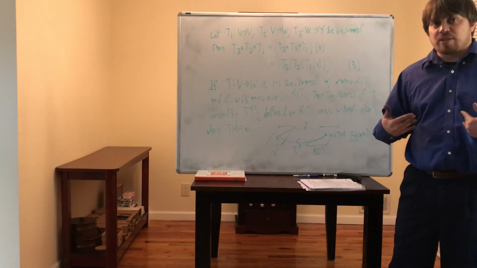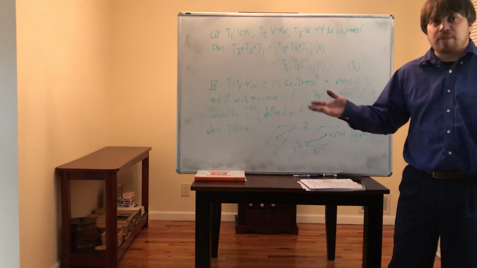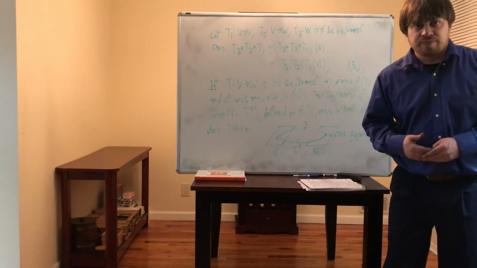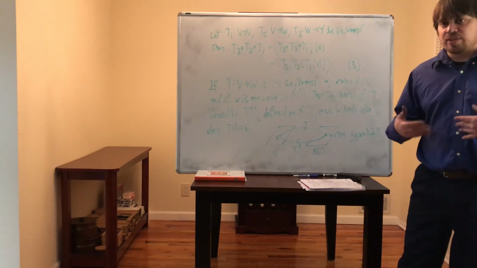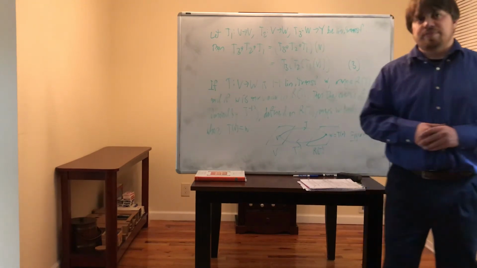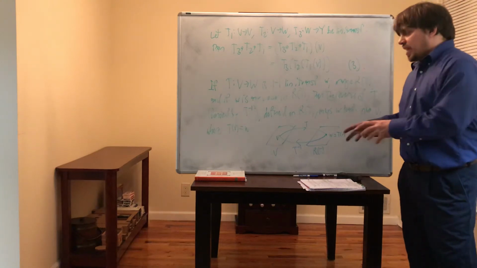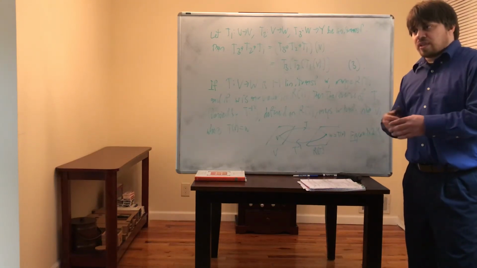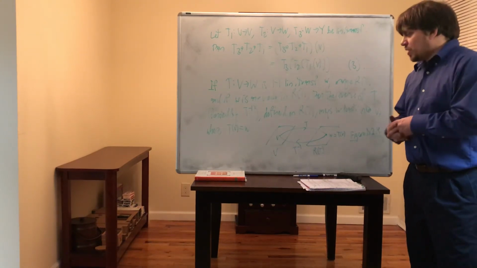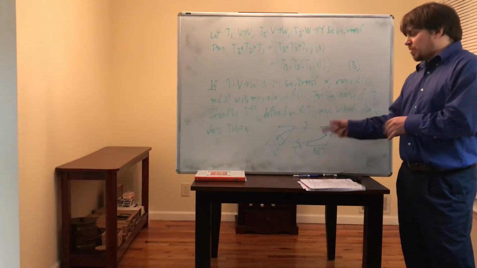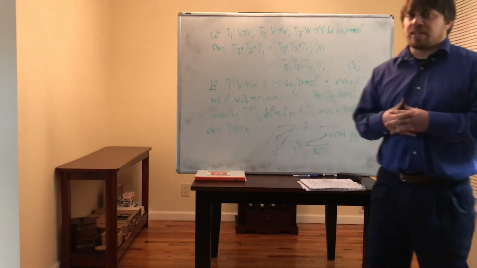If you took a linear transformation and mapped v to w, you could then map w to v and get back where you started. T inverse is just the thing that you could do after T to get back where you started. So we're defining what it means to undo what T did. If T of v equals w, then T inverse of w equals v. And that's how we're defining T inverse.